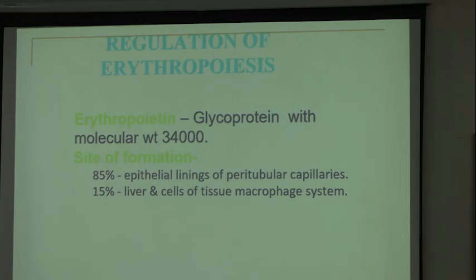After that, proximal convoluted tubule, then loop of Henle, then distal convoluted tubule, then it goes to the collecting tubule.